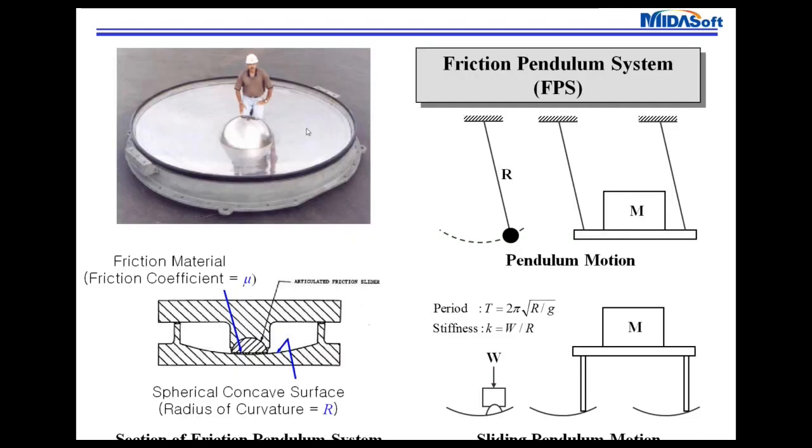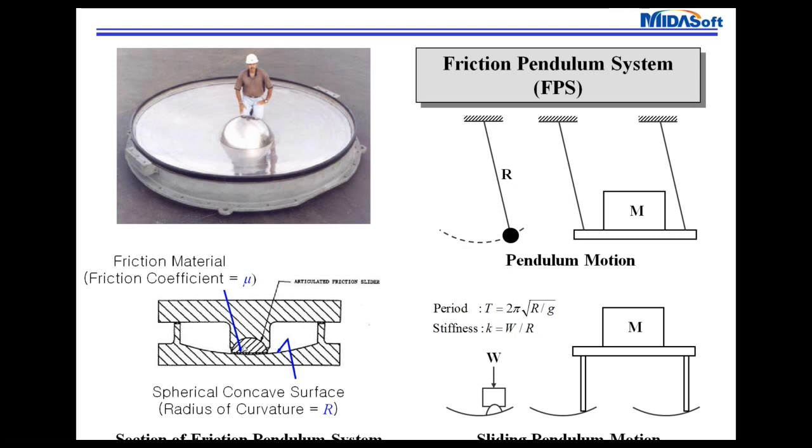Okay, and then the other system that we have, an alternative, is something known as the friction pendulum system. As you can see here, it follows this basic concept, the idea of a pendulum type motion. If you look to the bottom left here, when the structure is subjected to seismic loading, you'll have a pendulum type motion happening here.